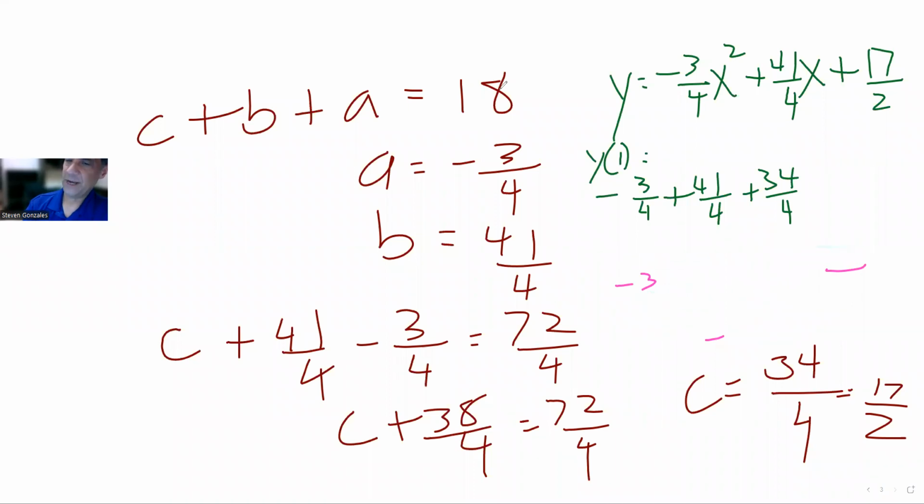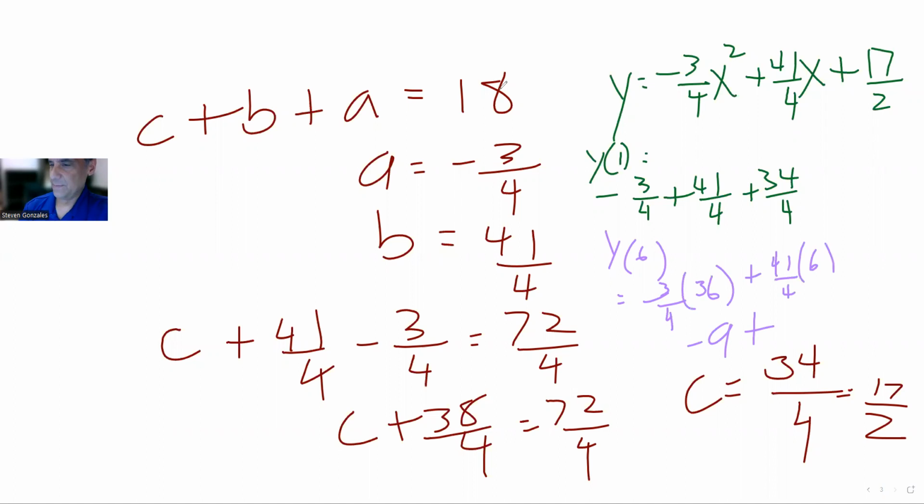I'll just put it on top of y of 2. You can always go back and rewind if you want. Y of 6 would be negative 3/4 of 36, which is negative 9. Ooh, don't even get me started on that one. That's going to be something big and ugly. 123/2. And then I have 17/2. That looks like 140/2, which is 70 minus 9.